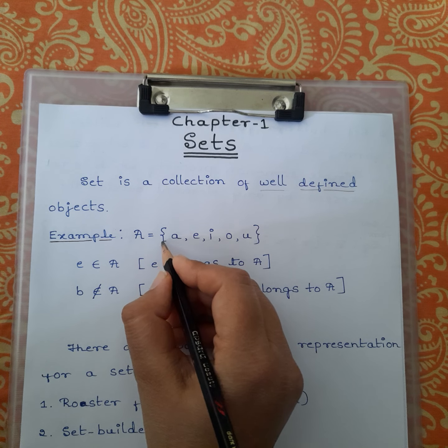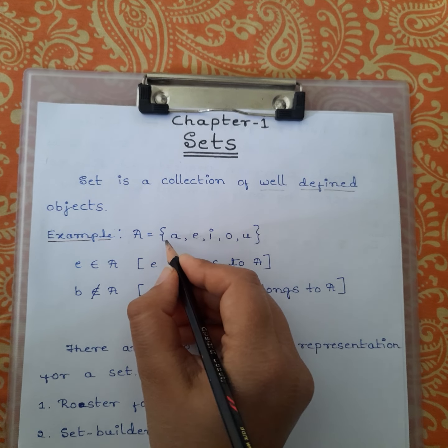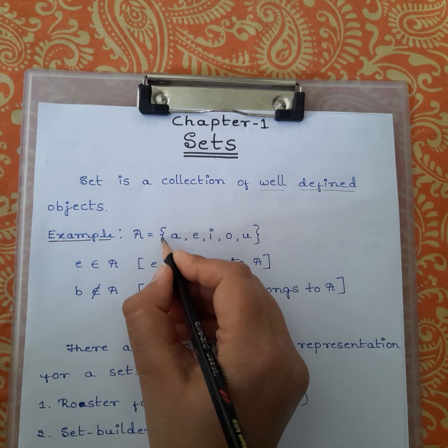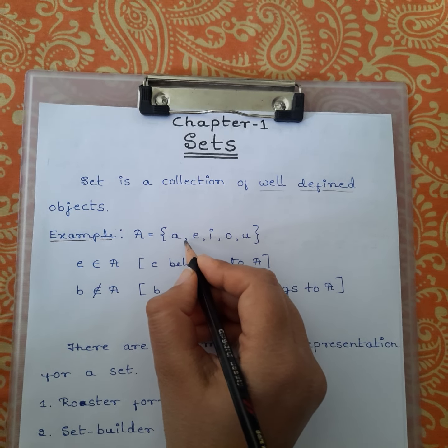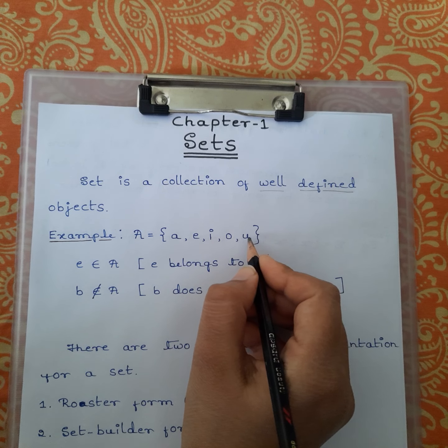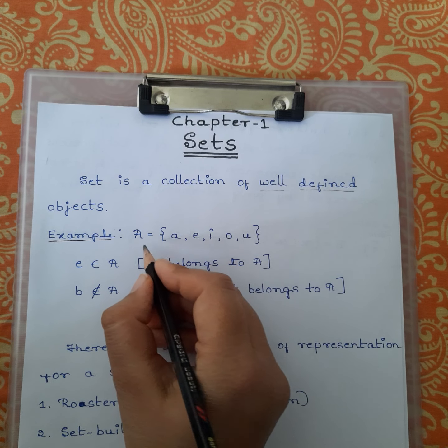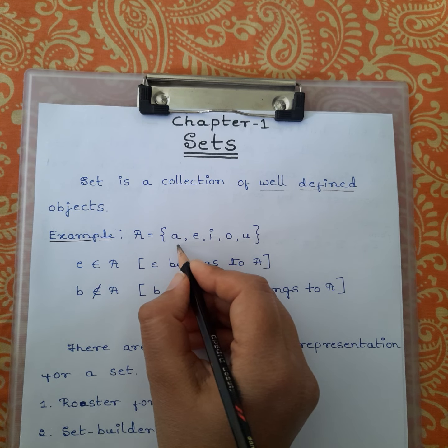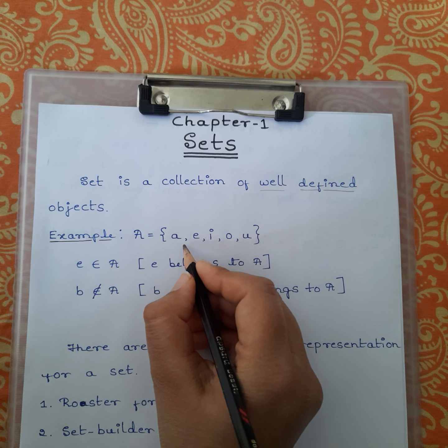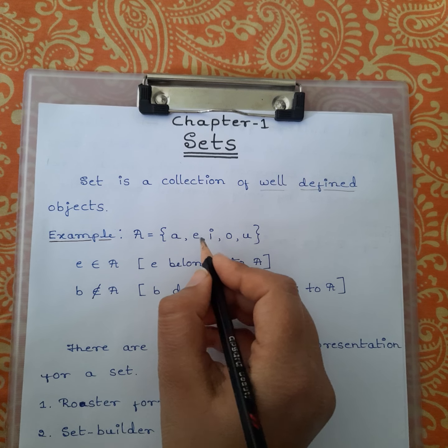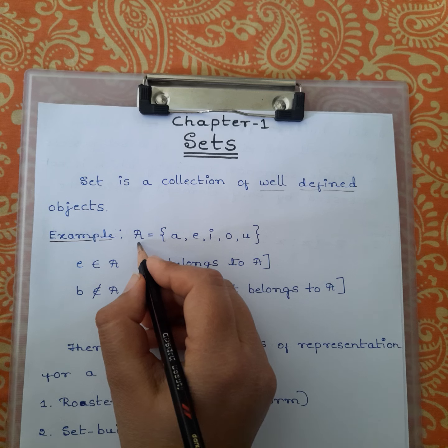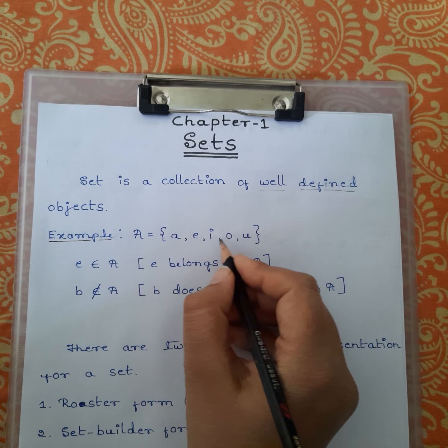Always we have to write the elements of the set within flower brackets, separated by commas. Here I have taken the example of the collection of vowels in the English alphabet. So set A is equal to {A, E, I, O, U}.